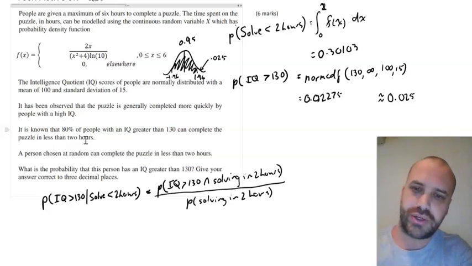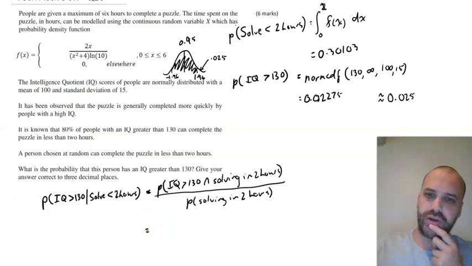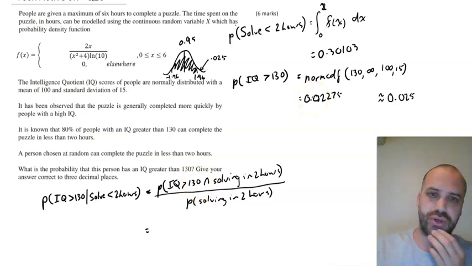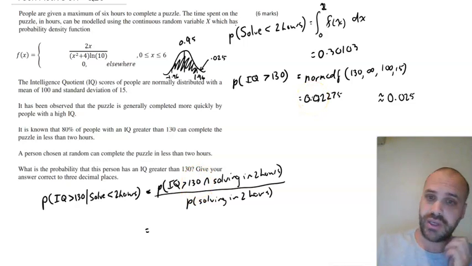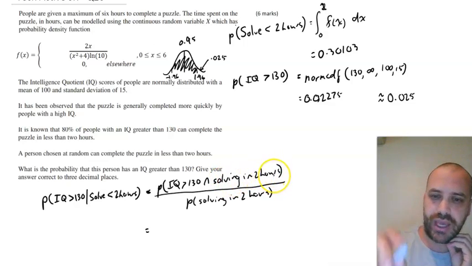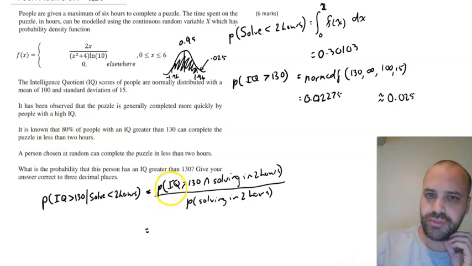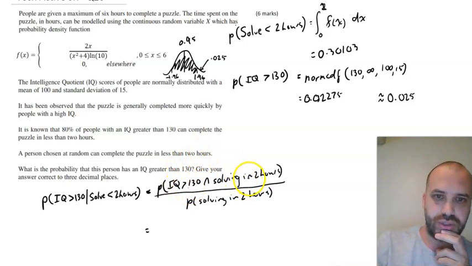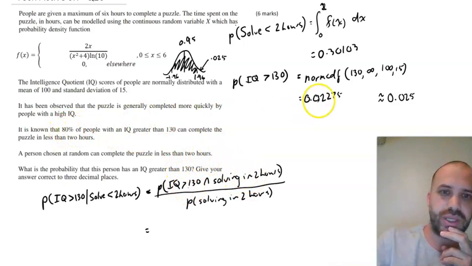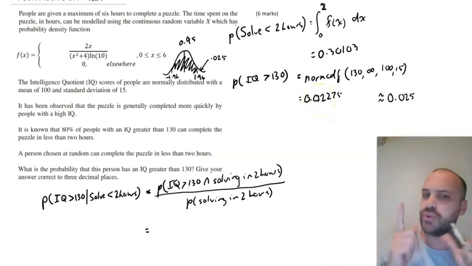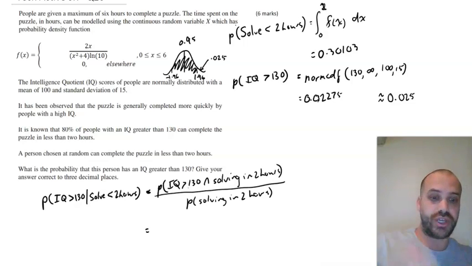So, if the probability of you having an IQ greater than 130 is 0.02275, and the probability of you solving in 2 hours after that fact is 80%, then the probability of you having an IQ greater than 130 and solving it in 2 hours is going to be equal to 80% times 0.02275. I feel like maybe you won't believe me about that, so tree diagram.